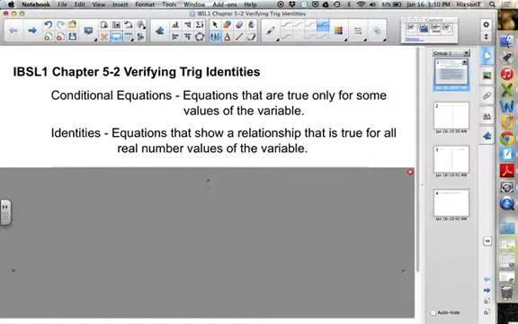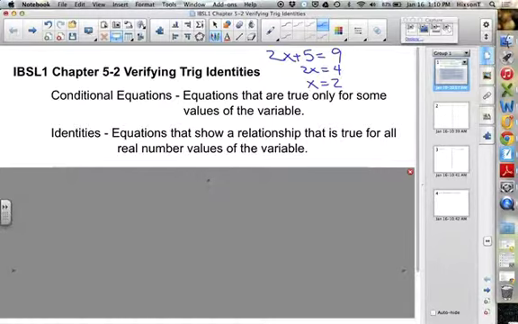So to see a non-trig example, if I had 2x plus 5 equals 9, a basic pre-algebra equation, we subtract 5 and get 2x equals 4, and then we divide by 2 and you get x equals 2. This equation right here would fall into which category? Conditional. It's only a true equation if x equals 2.